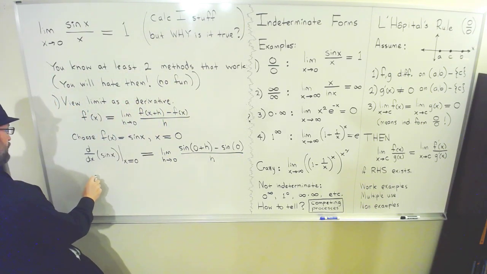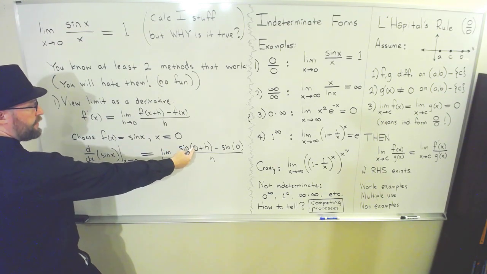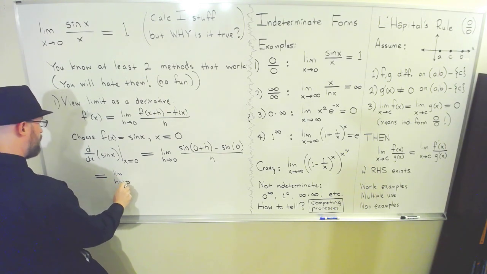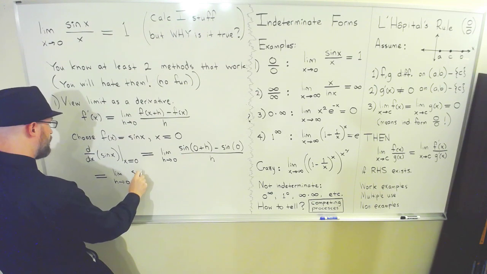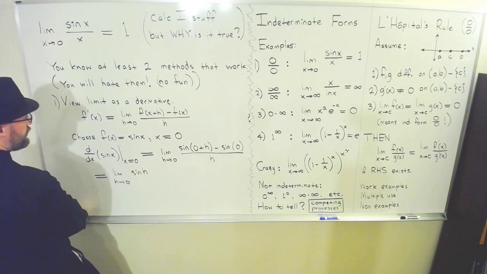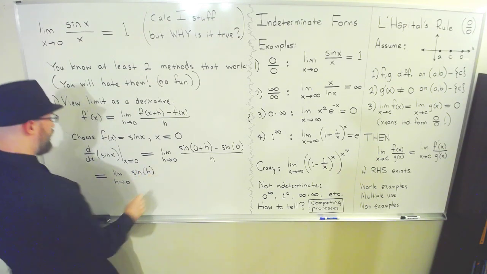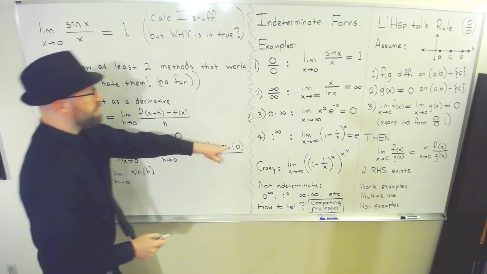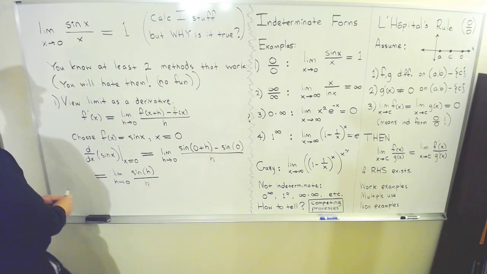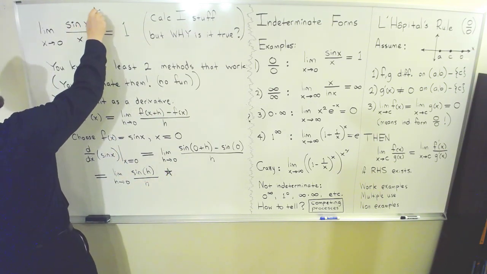And then when I substitute this stuff in and evaluate it, 0 plus h, so this is limit as h goes to 0. Well, that's just sine h. See here, I didn't put the parentheses. Maybe I should, because otherwise you'll think it's hyperbolic sine. So let me put sine h here. Sine 0, you know, is 0, and this is just over h. Now this expression here, if I draw a little star here, means exactly the same thing as this expression here.